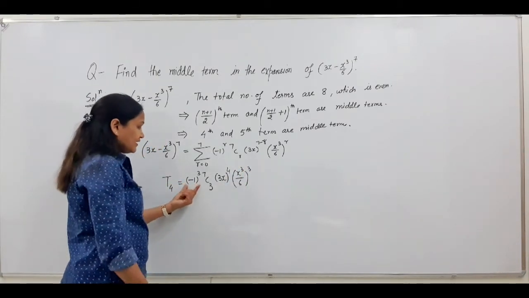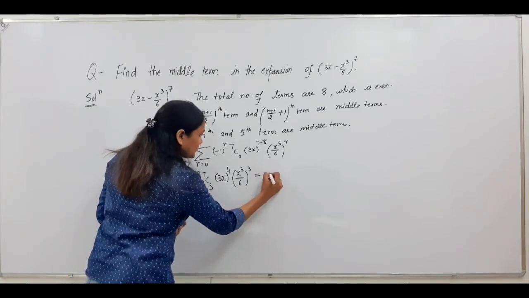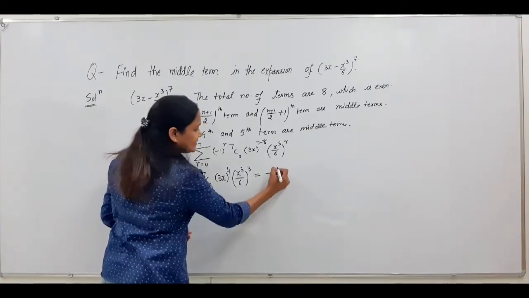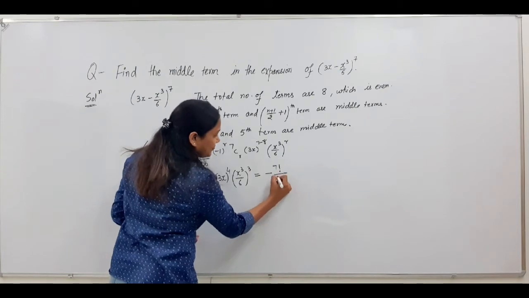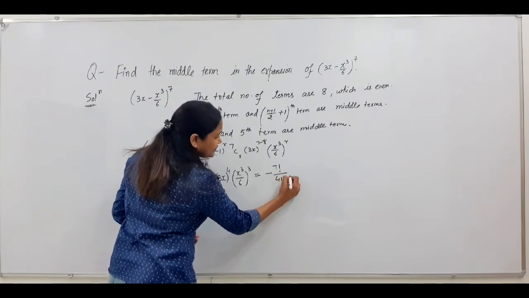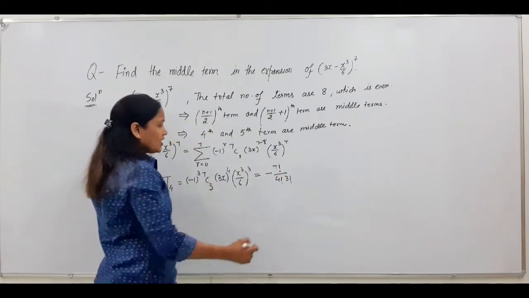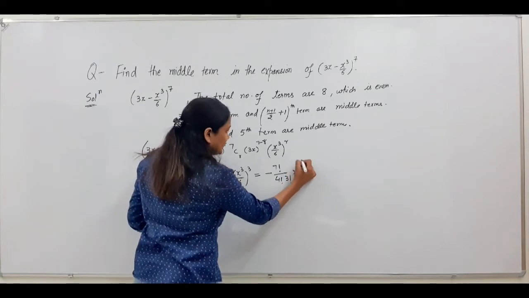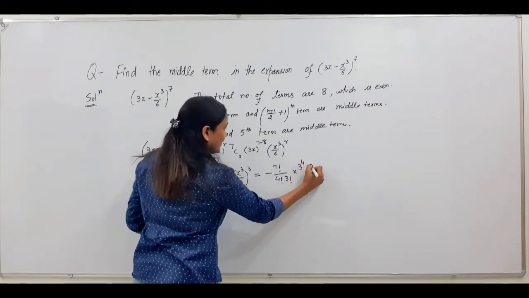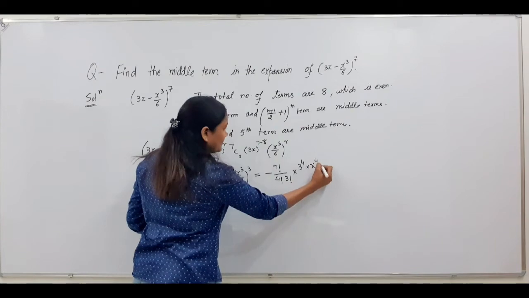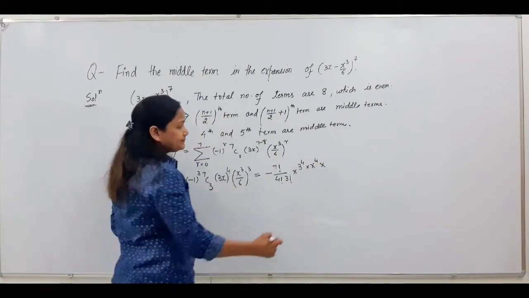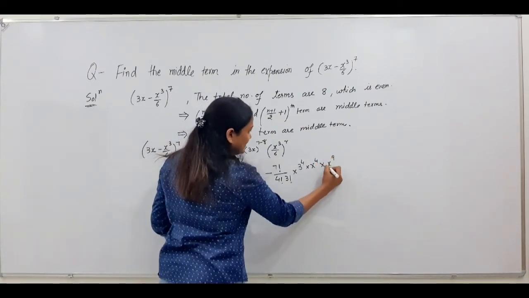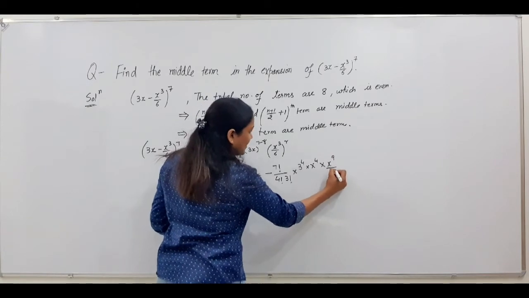This is a negative term, which is equal to minus 7c3, that is 7 factorial upon 4 factorial 3 factorial, multiplied by 3 raised to power 4 into x raised to power 4 multiplied by x raised to power 9, upon 6 raised to power 3.